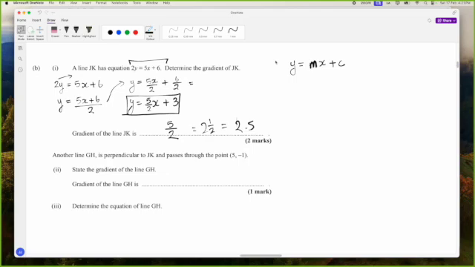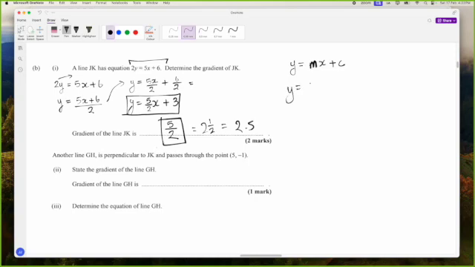So if the question says, give your answer to 2 decimal places, well, then you know decimals are expected. But in a case like this, where they are saying nothing about decimals, leave your answer as an improper fraction. Because it will be easier to work with.